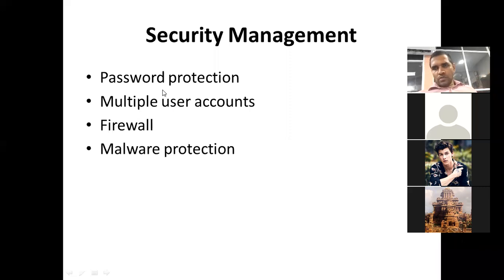I'll take them again. An operating system provides password protection. Whenever we log in to our computer, it has a password. Multiple user accounts may be very useful when a single computer is shared by many people. Everyone has to create his own account, and then they can use their account and access their files, right? So that is another security.